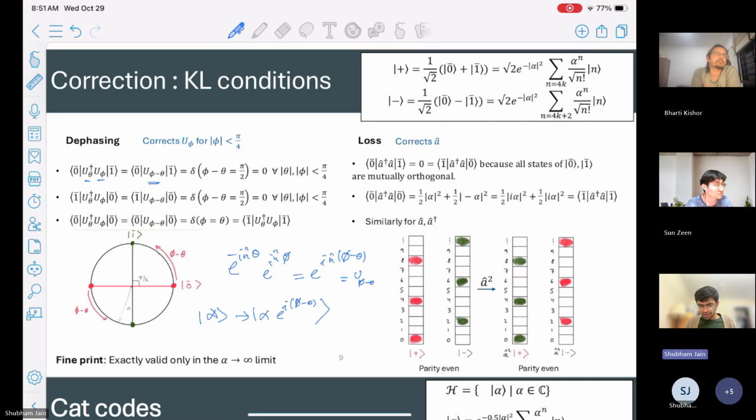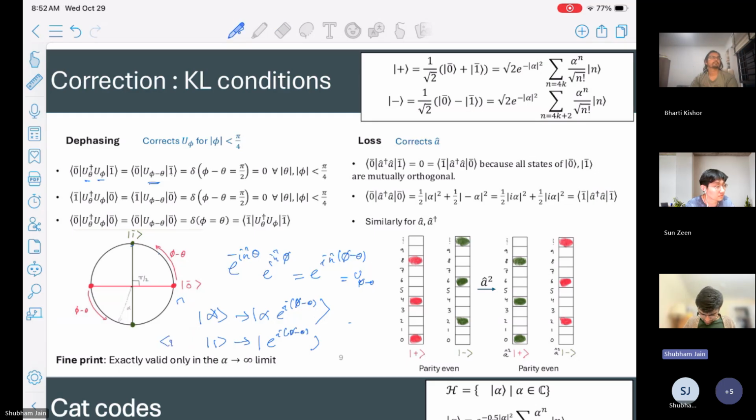And as long as it doesn't have an overlap with the one state, then we're good. So if the one state, which is part of this zero code, lands up here, we need to check that this state doesn't have an overlap with the closest point, which would be this one, the state i hat.